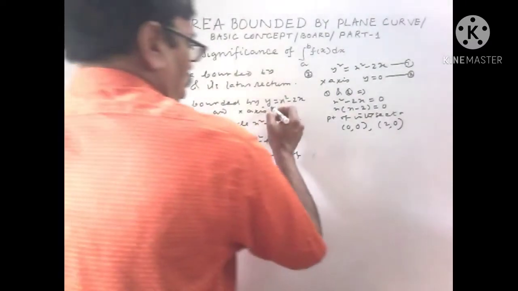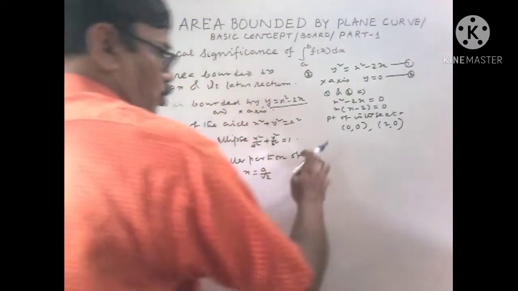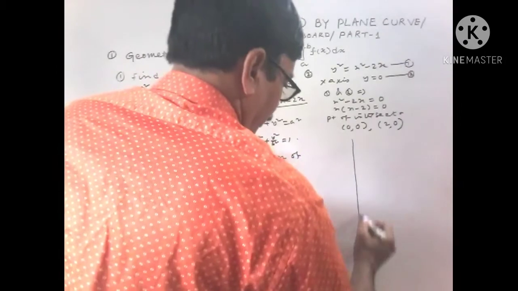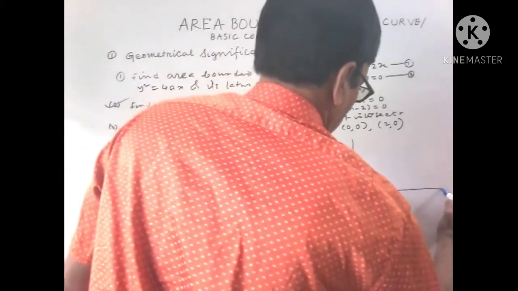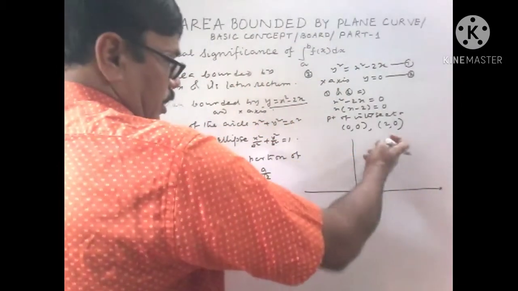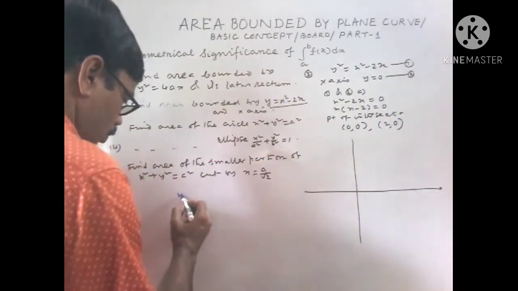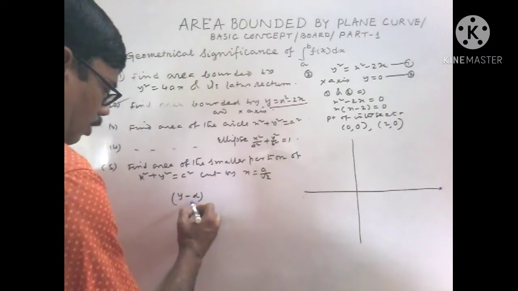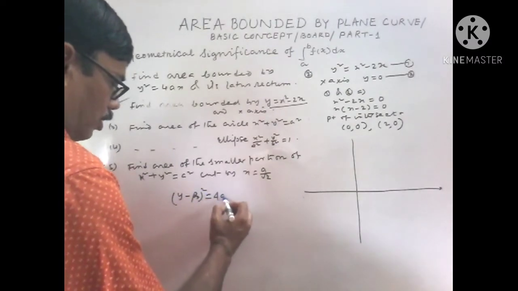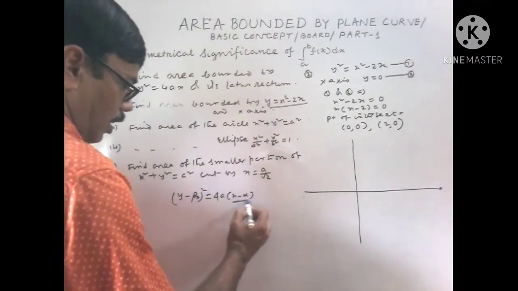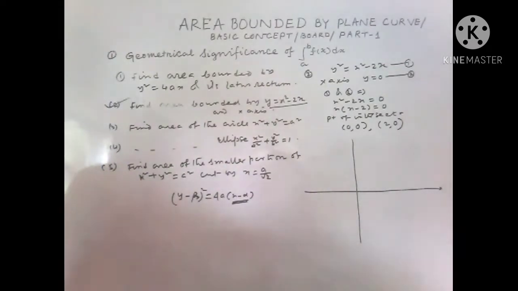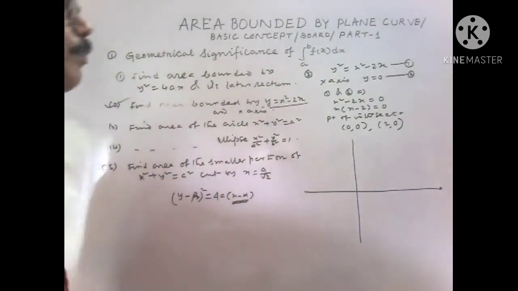Now we have to draw the graph of y squared equals 2x. Now this is of the form y minus beta whole squared equals 4a into x minus alpha, where alpha, beta is the vertex.